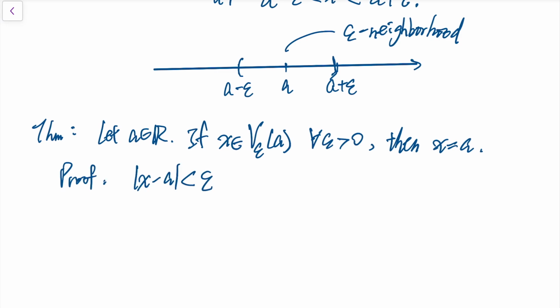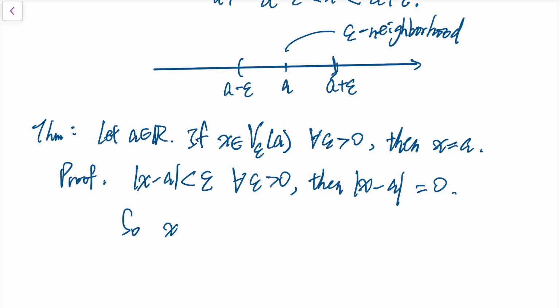The absolute value of x minus A is less than epsilon for every epsilon greater than 0, then the absolute value of x minus A is equal to 0. So the absolute value of x minus A is 0, which implies x is equal to A.